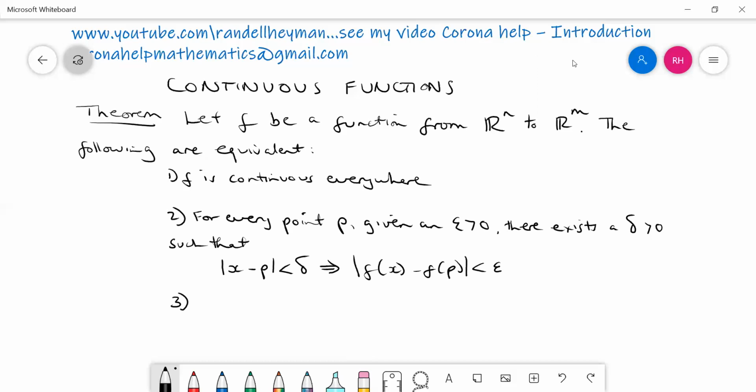Three. So now this is the beautiful thing. We now link this up to a sequence, the concept of a sequence.